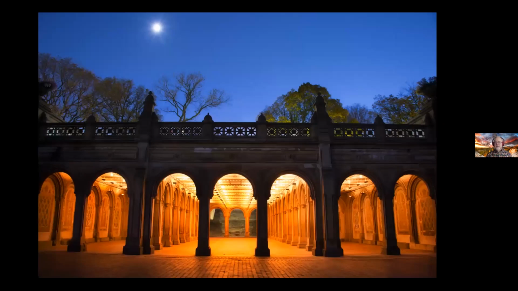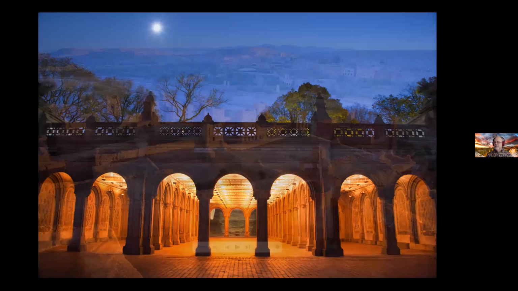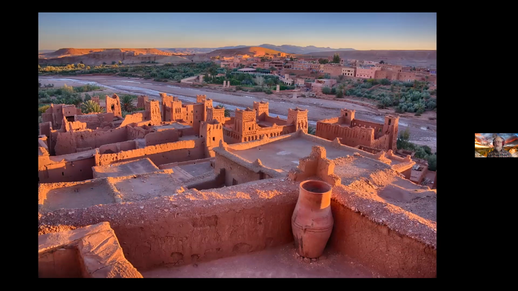And with this one, in Central Park, New York, near Bethesda Fountain, I wanted to make the sky portion of the image considerably more blue than the nice sort of warm tones of the underground part of the bridge there. With this sunset on the Atlas side in Morocco, I really didn't have very long to make this image.